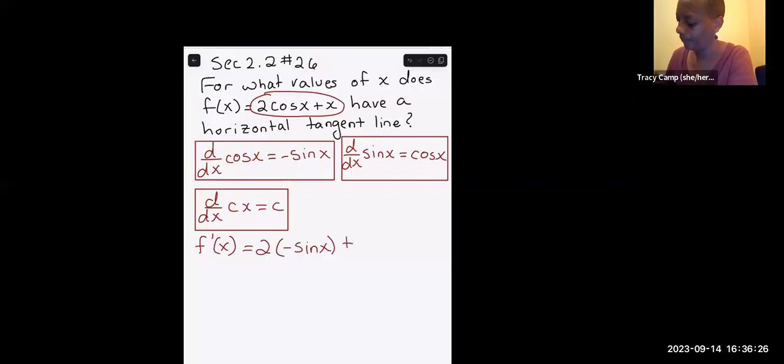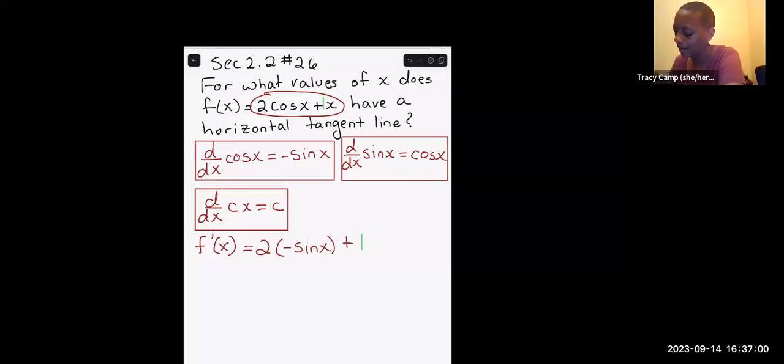And then for the derivative of x, keep in mind that the x has a coefficient of 1. So it's like there's this invisible 1 there. And since we have this constant times x, or 1 times x, the derivative will just be the constant, or just 1.